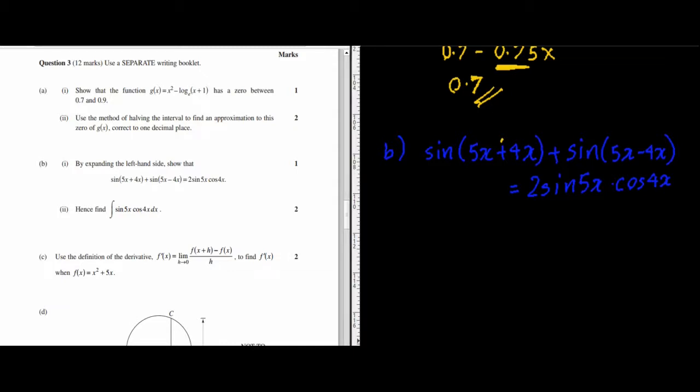This is simple: you just need to show the left hand side equals the right hand side.